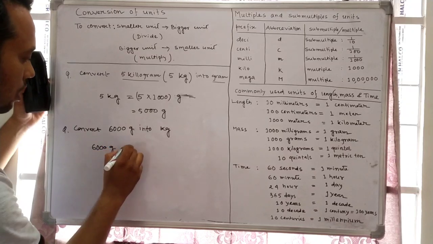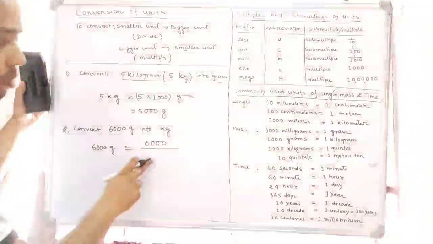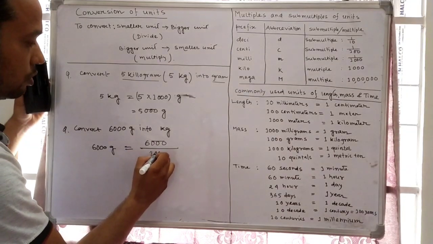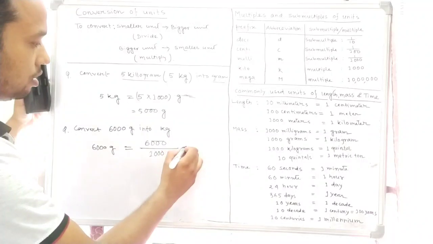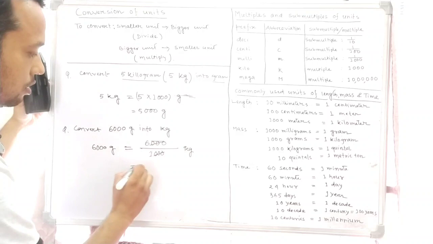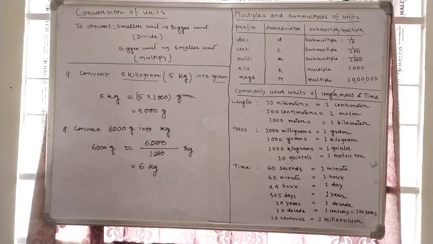So 6000 gram equals, we have to divide it. 6000 divided by 1000, because the relation between gram and kilogram is given by 1000. So these zeros are cancelled. So 6 kg. So in this way we can convert.